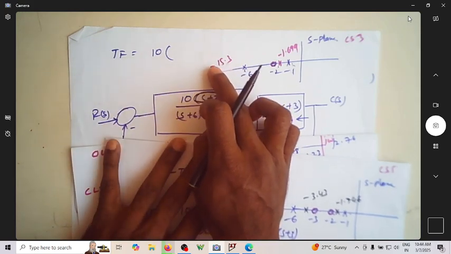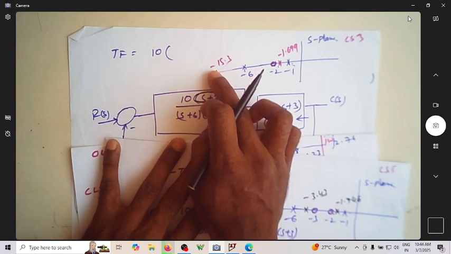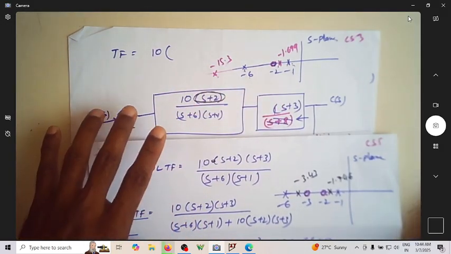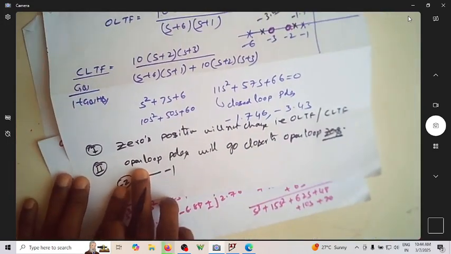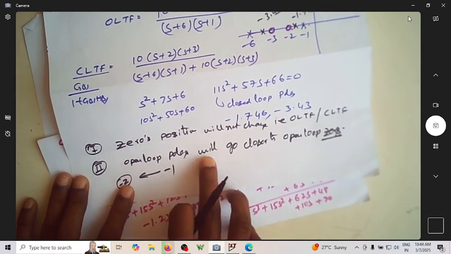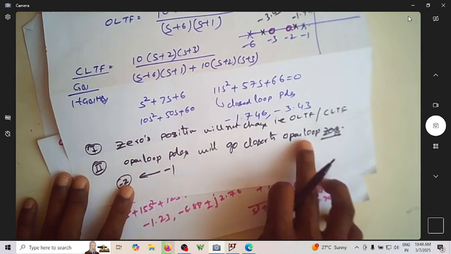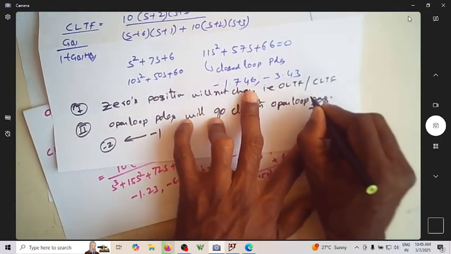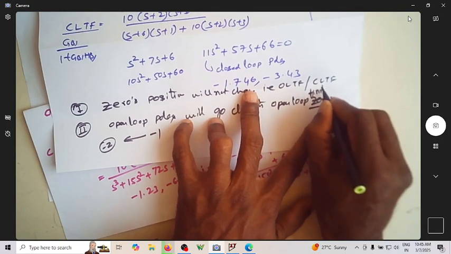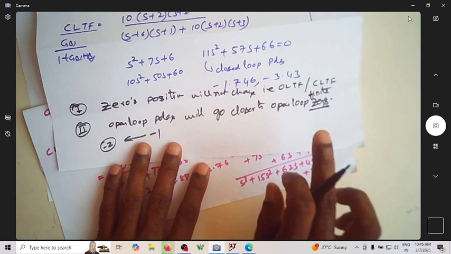This is the case for all transfer functions. Let me again repeat. An open loop pole will go closer to an open loop finite 0, if there is a finite 0.